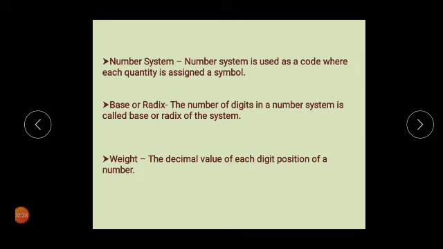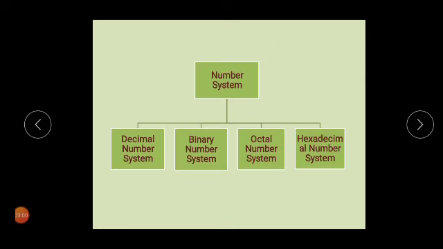For example, take the number 125. We split it into units, tens, hundreds. So the weight of the digit 5 will be 5 into 1, for 2 it will be 2 into 10, and for 1 it will be 1 into 100. Like this we have weights of different digits.